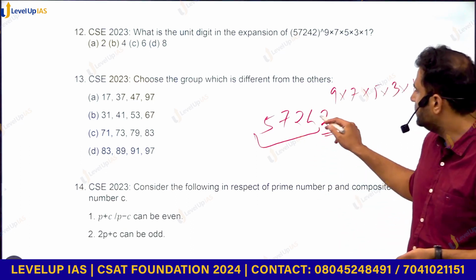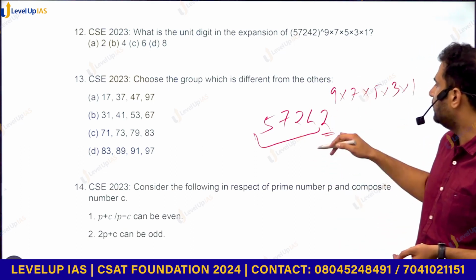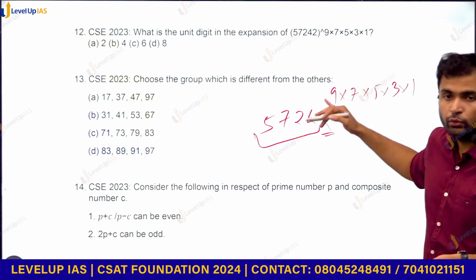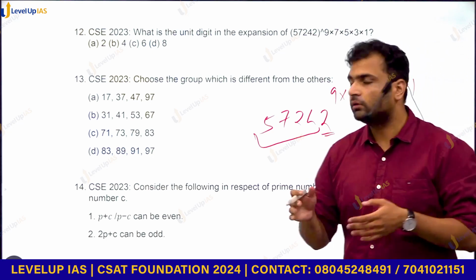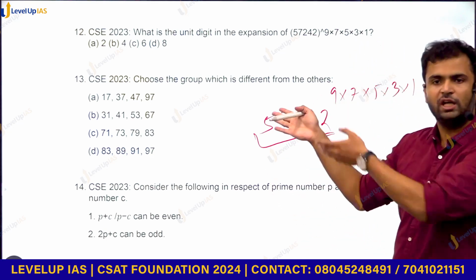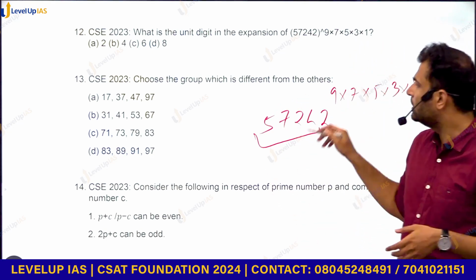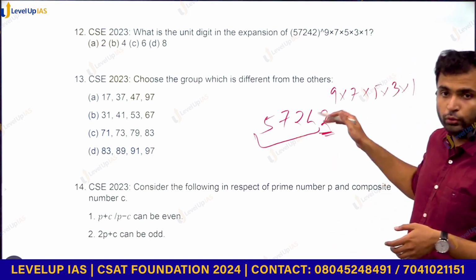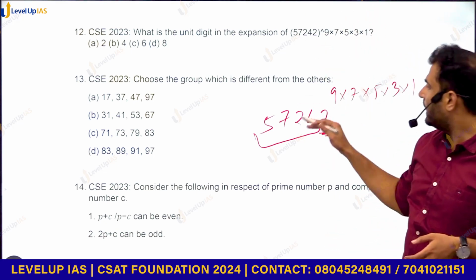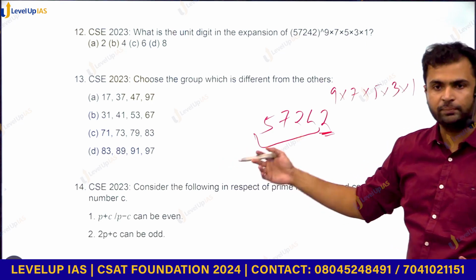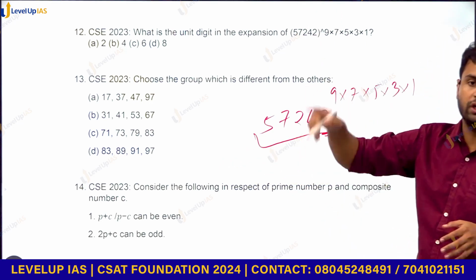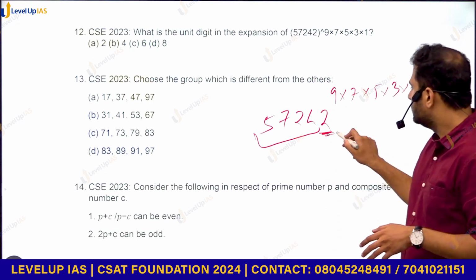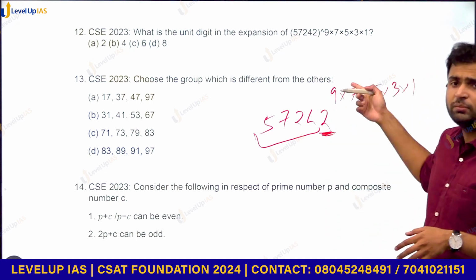So this power would follow whatever pattern the power of 2 follows, and that comes from the fact that when we are taking a power, we are just multiplying the same number again and again. So the units place would be 2 into 2 into 2 into 2, and all these other numbers are irrelevant, because we are anyway multiplying only 2 for the units place calculation. So the powers would follow just powers of 2.